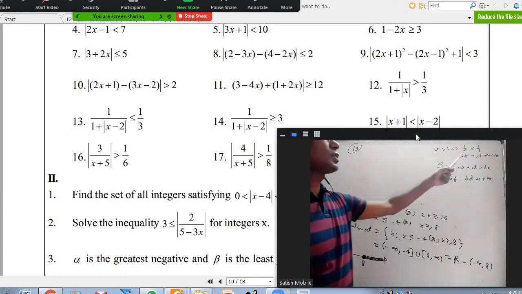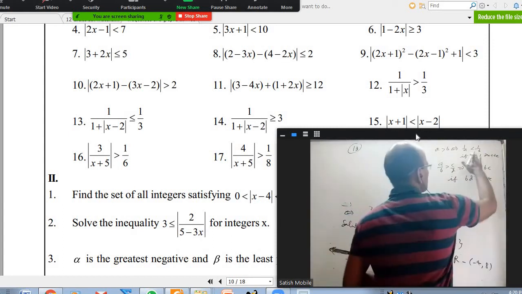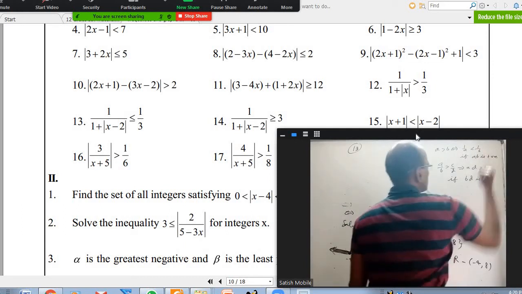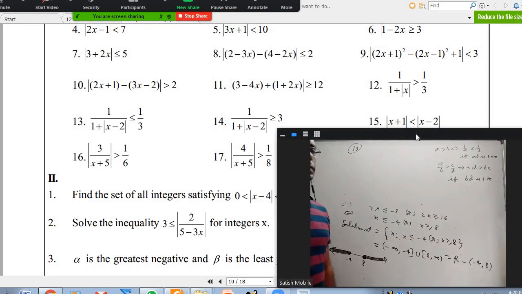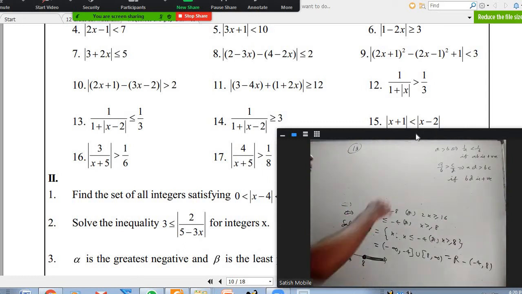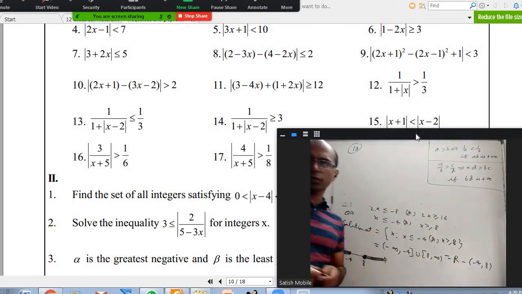Similarly, here also, A and B need not be positive. If A and B are negative, also fine. I can say AB is positive, because we are going to multiply with 1 by AB and then reverse the inequality. So this is for cross multiplication or take reciprocal, whichever you want.